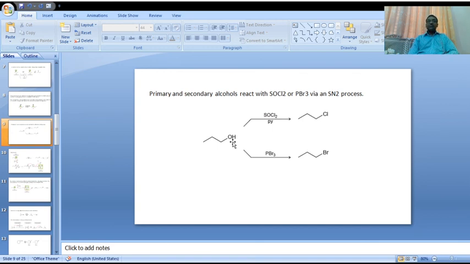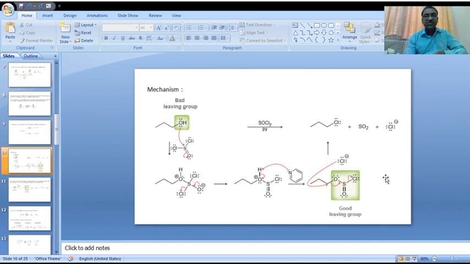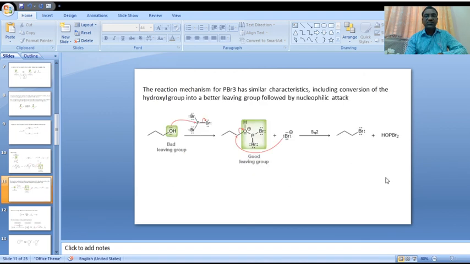After that, the nucleophile attacks and, in the same step, the good leaving group is lost to form alkyl halides as the major product. This is a single-step reaction. We discussed the thionyl chloride mechanism and the phosphorus tribromide mechanism clearly.